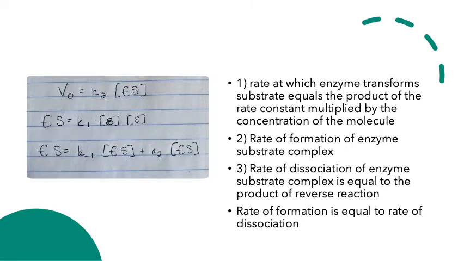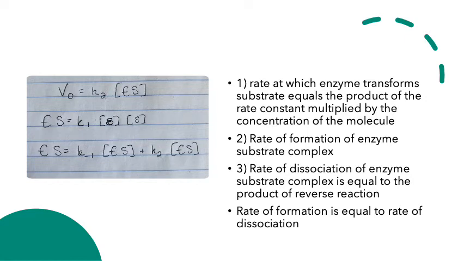As you can see on the left, there are 3 equations. These are the next 3 steps that we're going to use to derive the Michaelis-Menten equation as our end result. The first one is the rate at which the enzyme transforms the substrate. This equals the product of the rate constant multiplied by the concentration of that molecule itself.